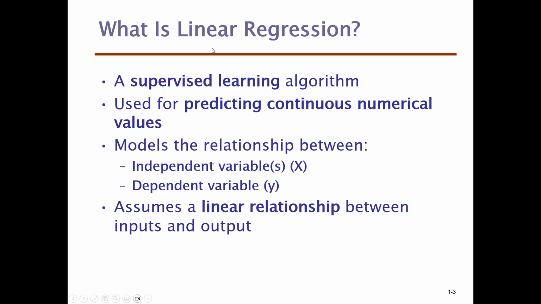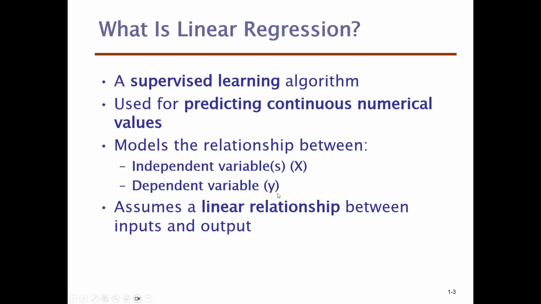Now, if we say simple linear regression, it means our x will be only one variable. Let's say, for example, I'm using age to predict weight. Or I may use age and another variable, so we have two or more variables to predict y.